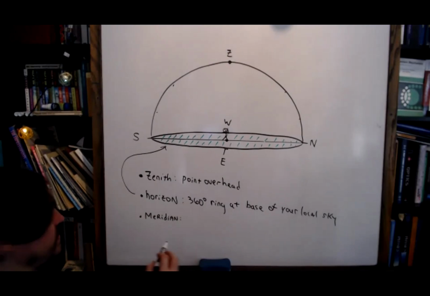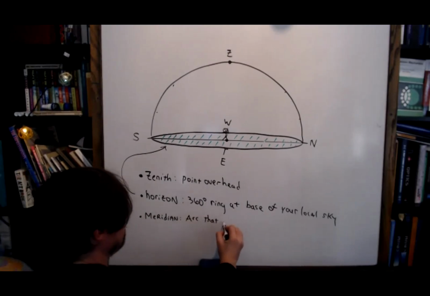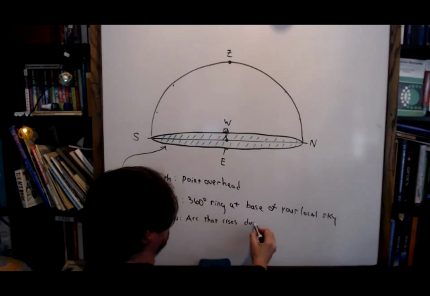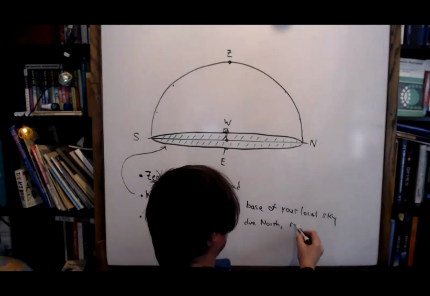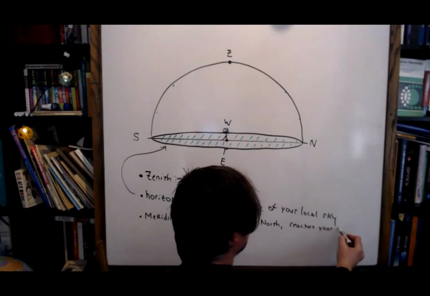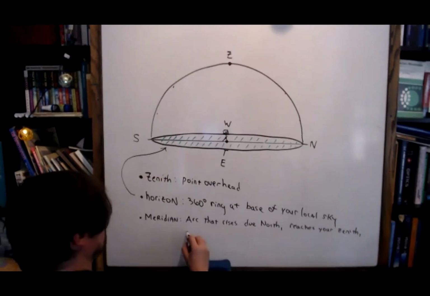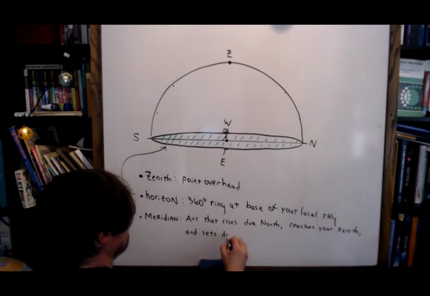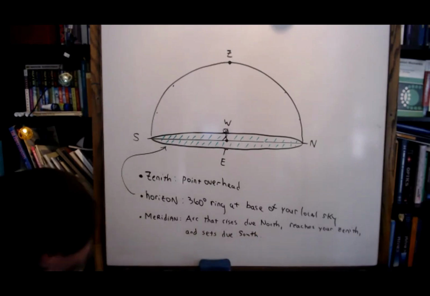The meridian is an arc that rises due north, reaches your zenith, and sets due south.